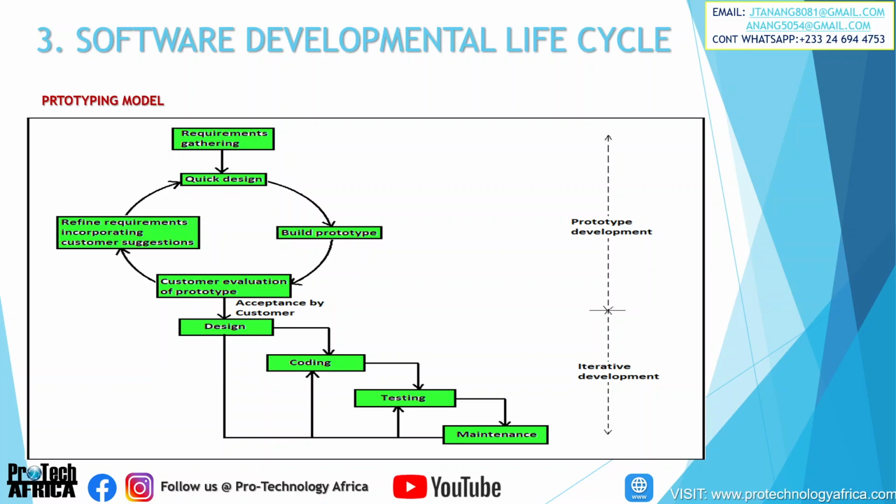So once we move from design, build prototype, customer evaluation, and then there are some things that need to be considered, we go back, do the correction, and bring it into the prototype. We go back and the customer evaluates it. Once the customer is satisfied with the corrections we have made in the prototype, we move on to design, and then coding, testing, and maintenance comes into play.